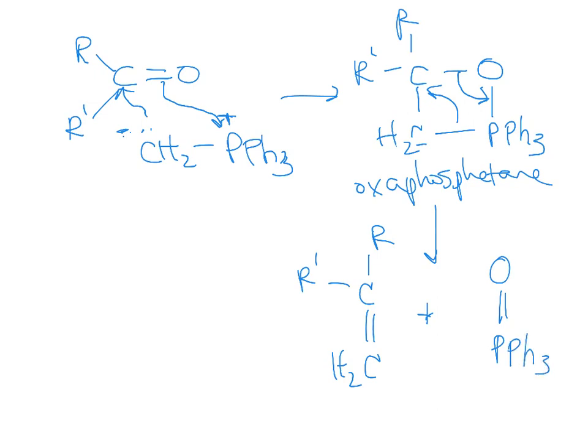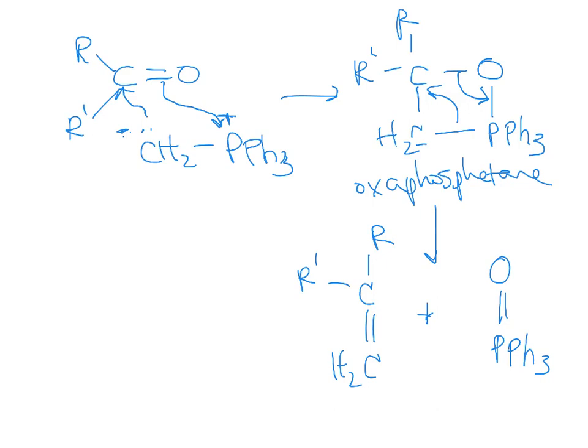So those are the products of our Wittig reaction. Sometimes it forms a mixture of E and Z isomers if you're thinking about the double bond, but it works better for some things than other reactions.